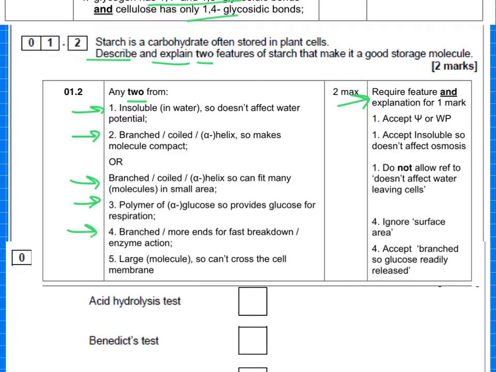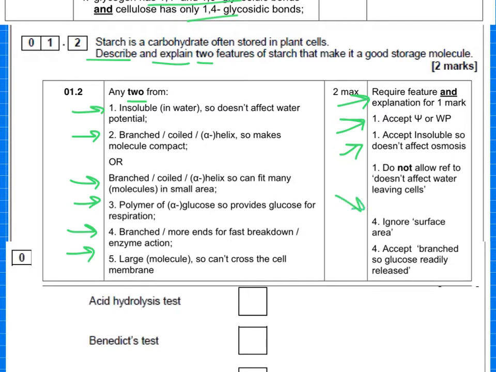More branches, so therefore faster breakdown by enzymes, or it's large, so it can't cross the cell membrane. Could mention things like water potential, but you can't say insoluble, so it doesn't affect osmosis. So you've got to talk about water potential there.